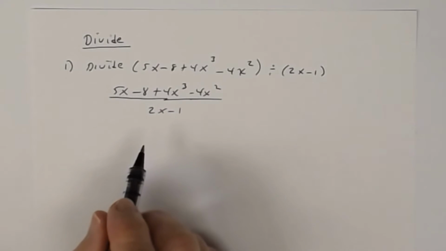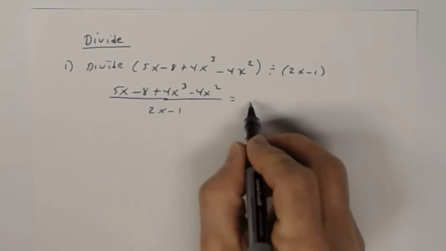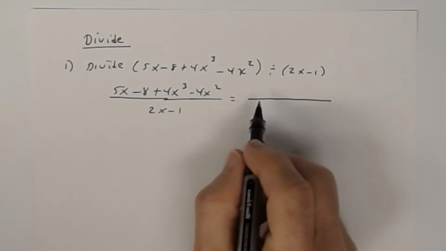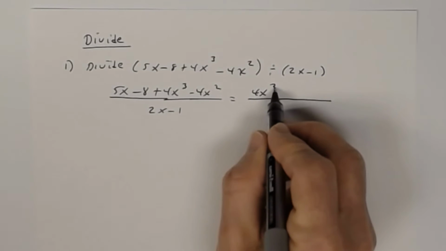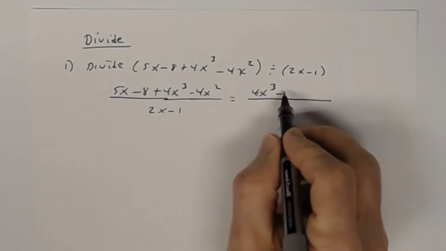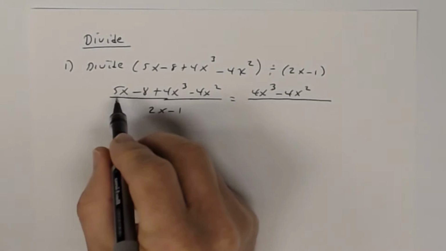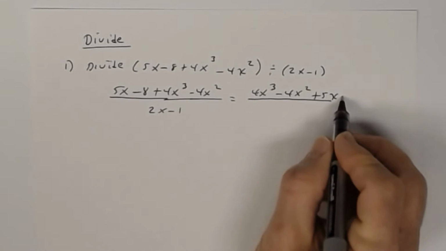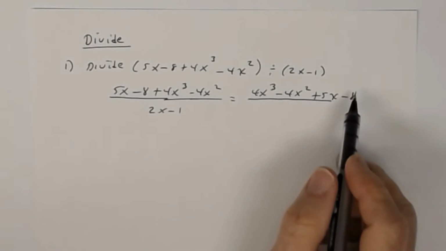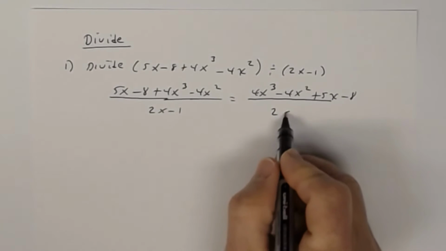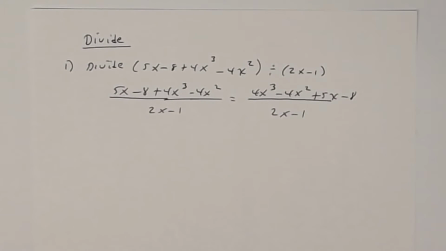But the numerator is not. So to rewrite it, the largest term is x cubed, so you're going to say 4x cubed. The next will be minus 4x squared, and then plus 5x, and then minus 8. And so notice you have x cubed, you have an x squared, you have an x, and you have your constant. Okay? And then you have your denominator 2x minus 1.